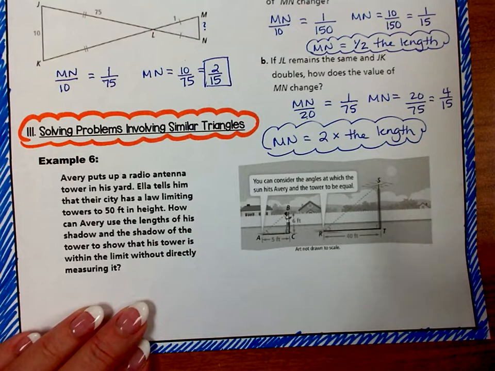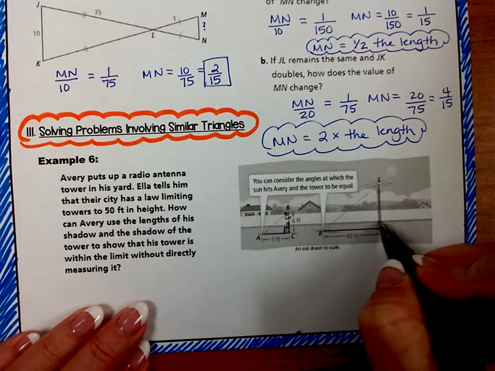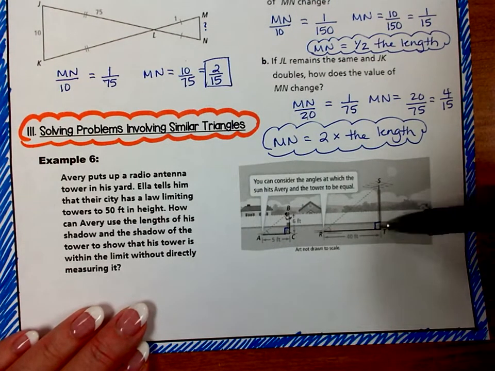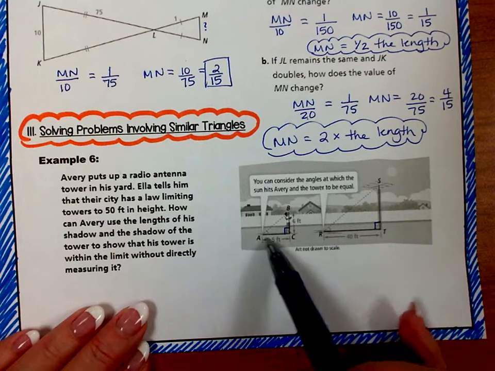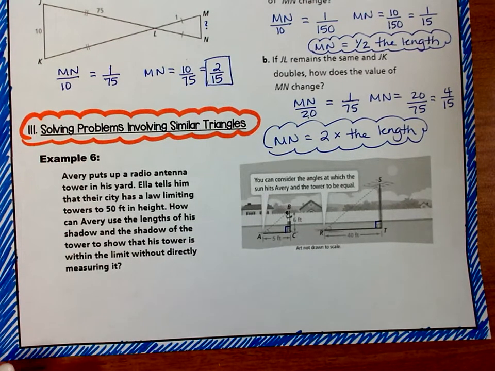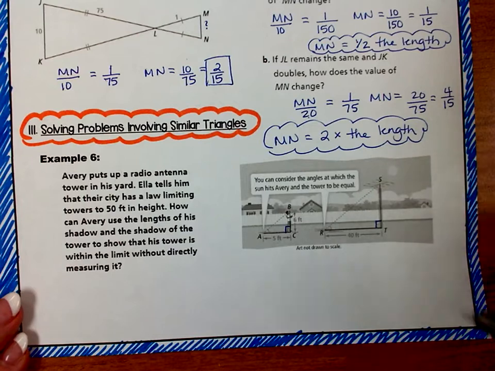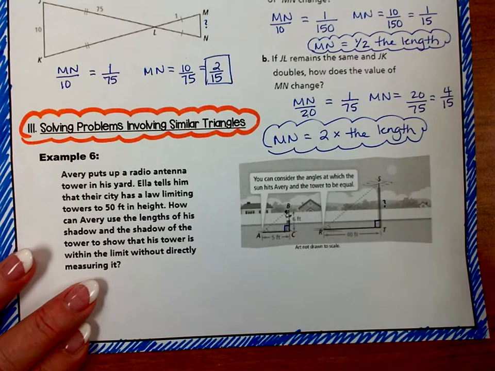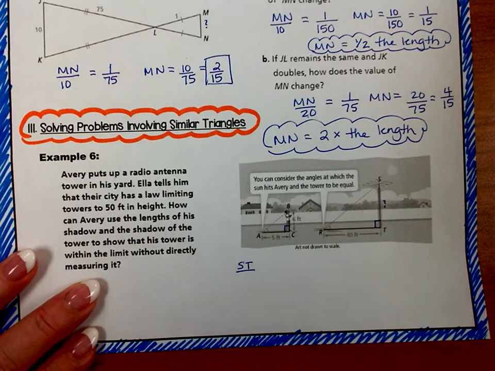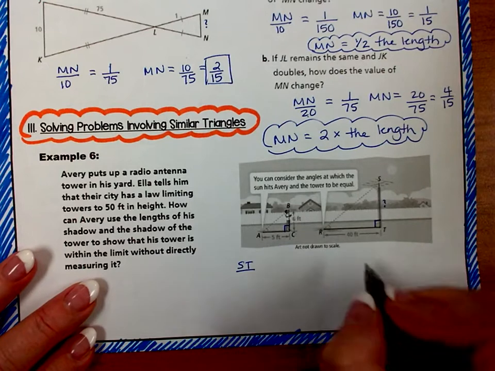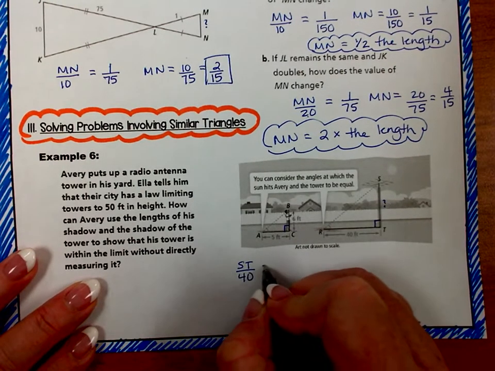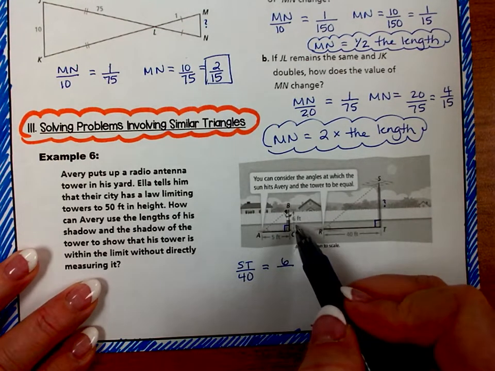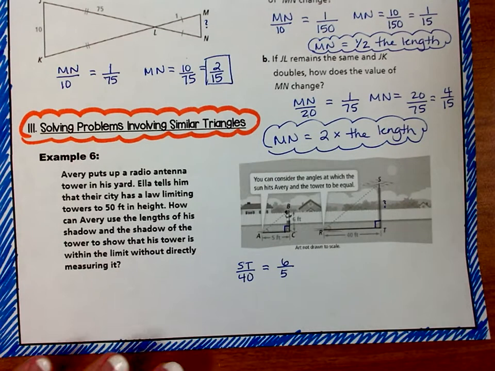Okay, so what we're using here is 2 right angles, which are in the picture, but just in case you can't see them. And so we want to see if the legs are proportional. And we can figure out if the legs are proportional by setting up a proportion and figuring out what ST is. So let's say that we'll just call this unknown side here ST. And we will put that over 40 and set that equal to Avery's height, which is 6, over Avery's shadow, which is 5.